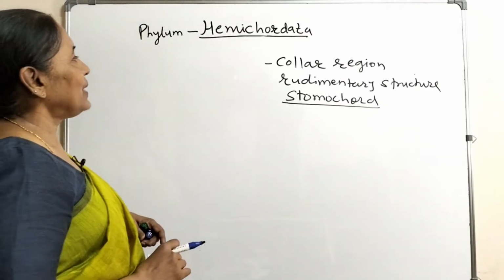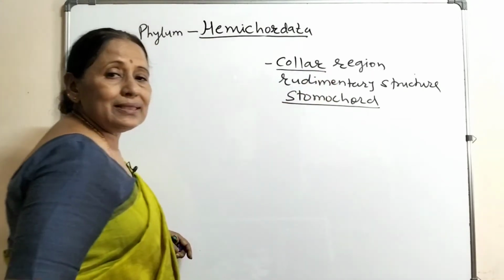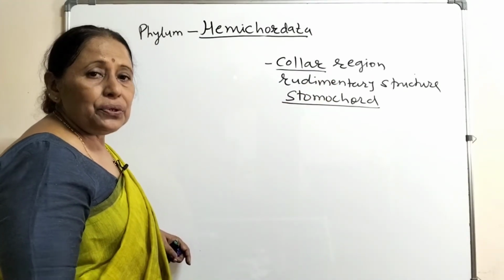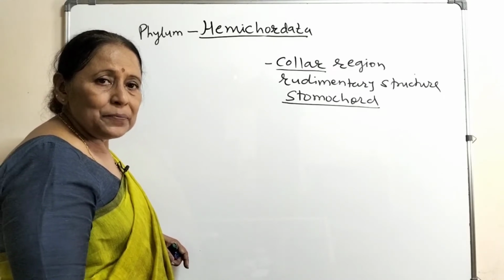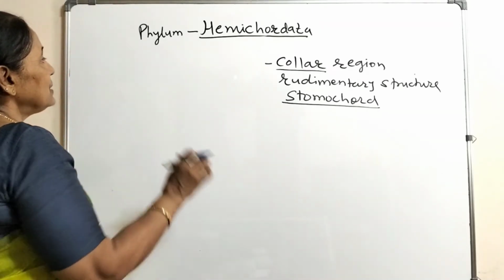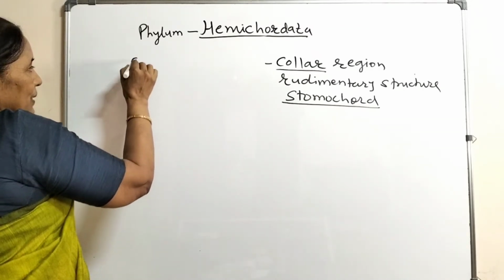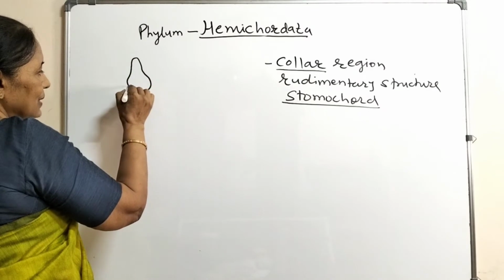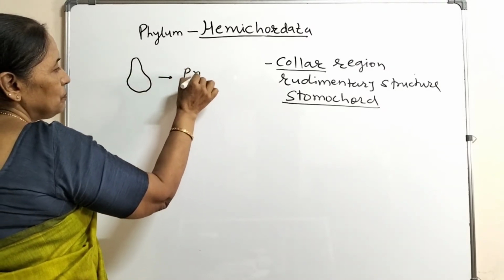So this is phylum Hemichordata. Here one word you have come across, that is collar. So you should know what the collar of this organism is. Let me draw the diagram of Balanoglossus to make it clear. In Balanoglossus, at the top is a structure called the proboscis.